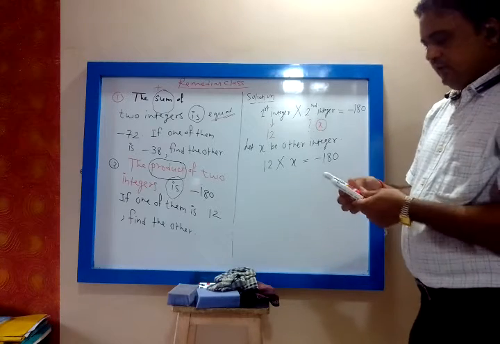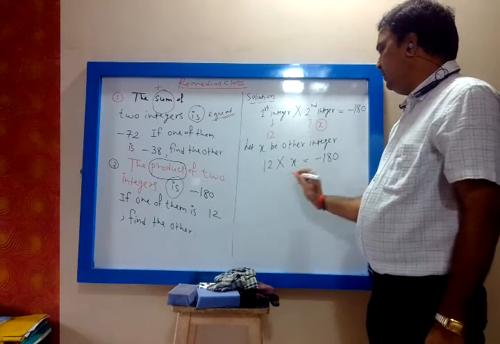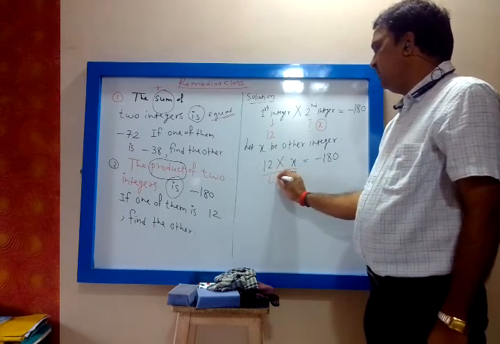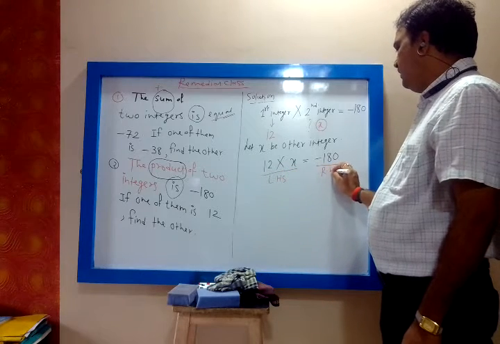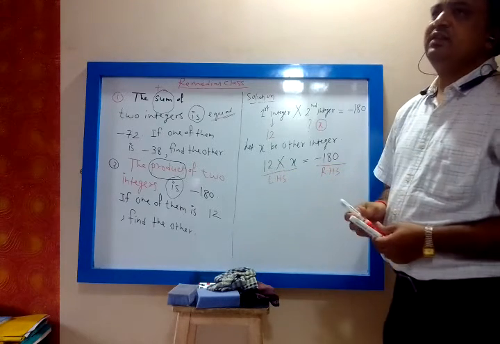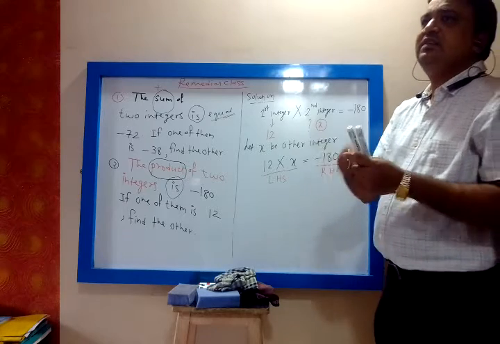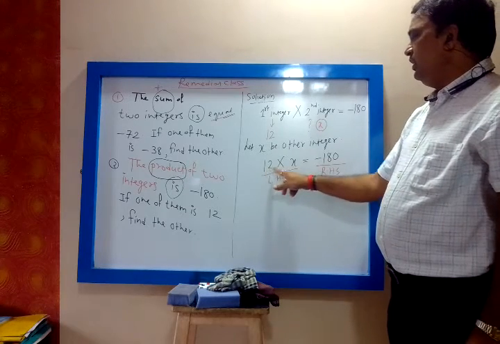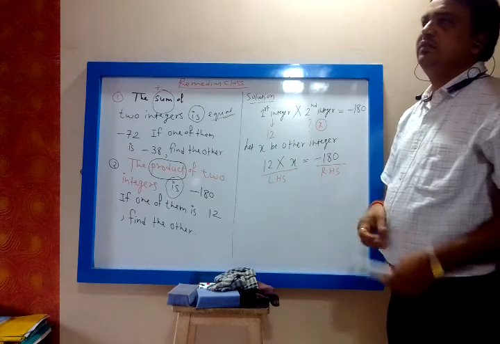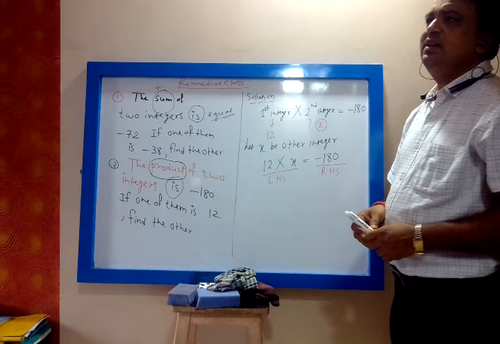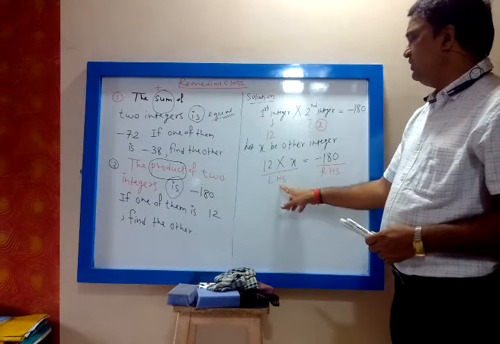Whenever you see the equal to sign, before the equal to, it is my left hand side. After the equal to, it is my right hand side. And whenever you change the side, the sign changes. 12 is there in the multiplication on the left hand side.